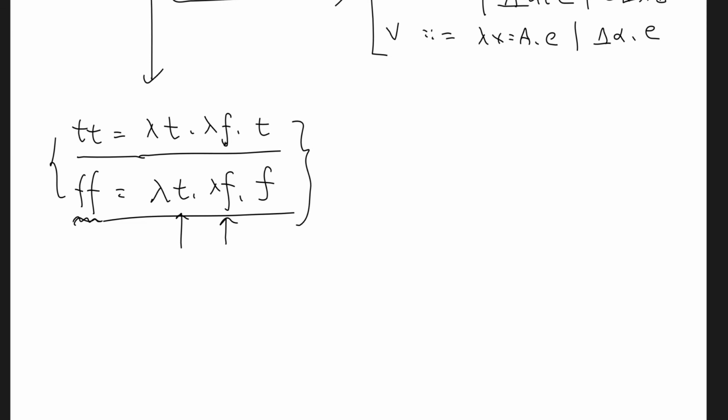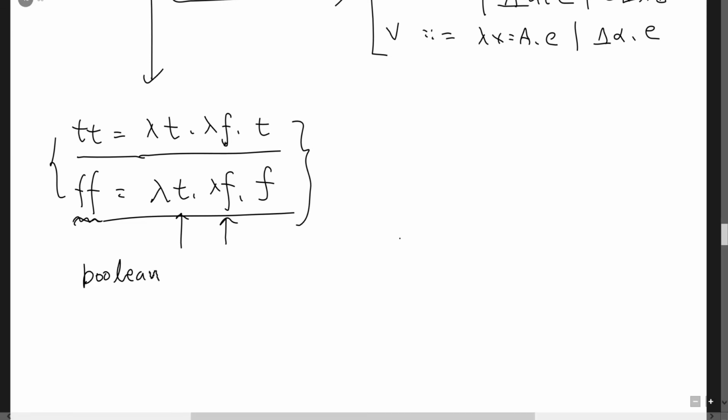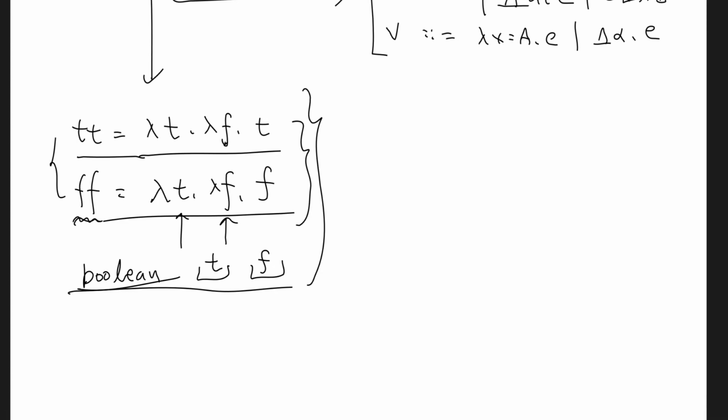And the key idea was this: if you have any Boolean value, you can choose one of two options. The first option, usually called T, and the other option called F. And this is the basic idea behind the Church Boolean. And there's no way to express this intuition behind the Church Boolean in untyped lambda calculus.